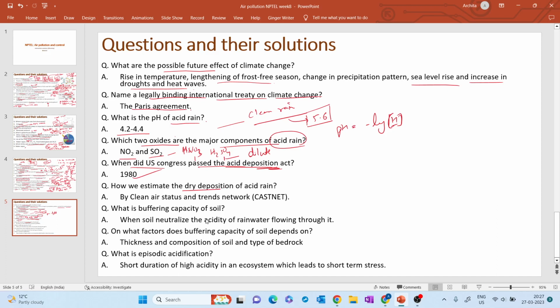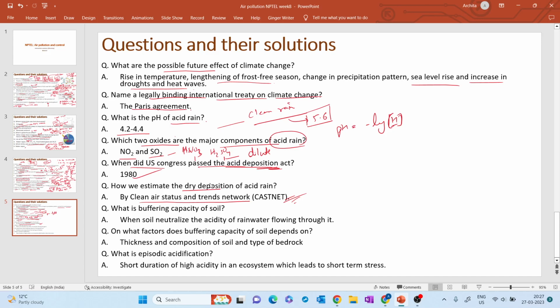what they suggested is that there is a network called the Clean Air Status Network. Remember this name. What they do is they have, I think, a satellite or something, I don't know a lot about this, but it comments on the value of dry deposition, how much acid rain can be coming via dry deposition. For wet deposition, you know it reacts with water and forms HNO3 and H2SO4 which come down.